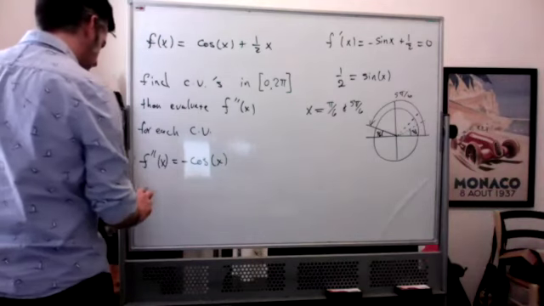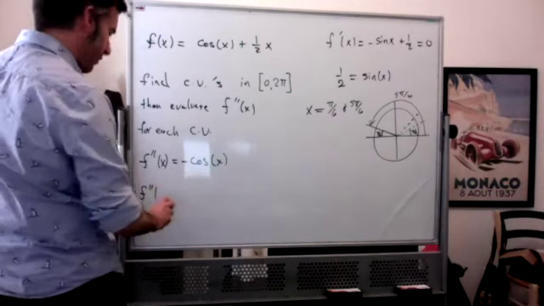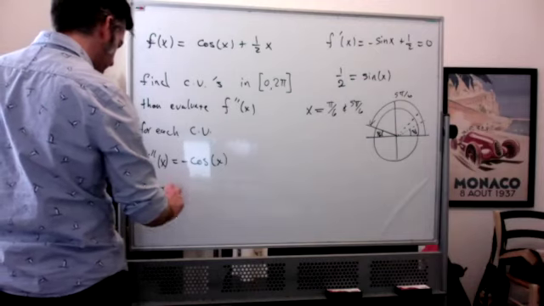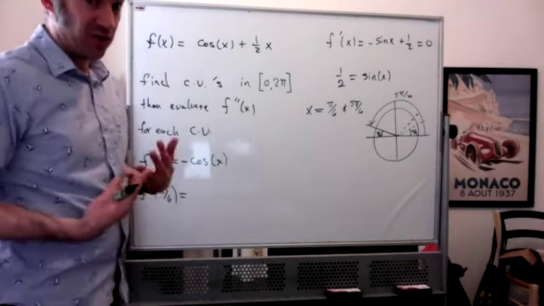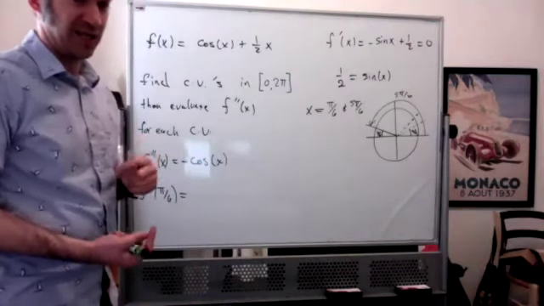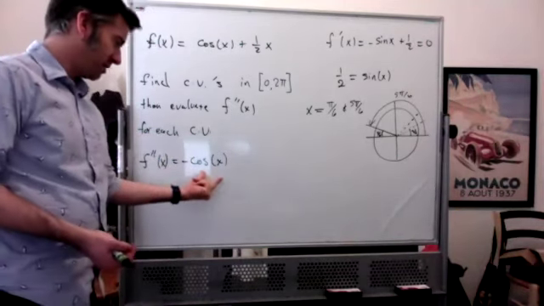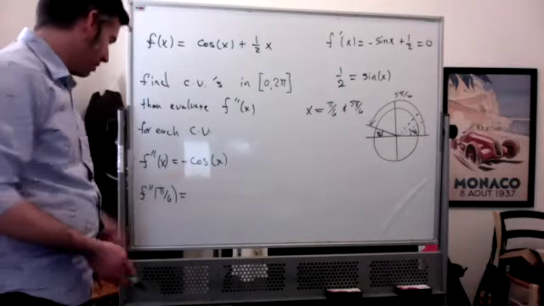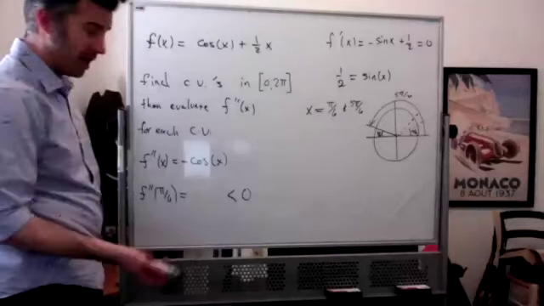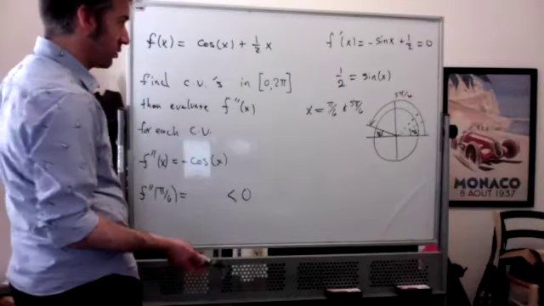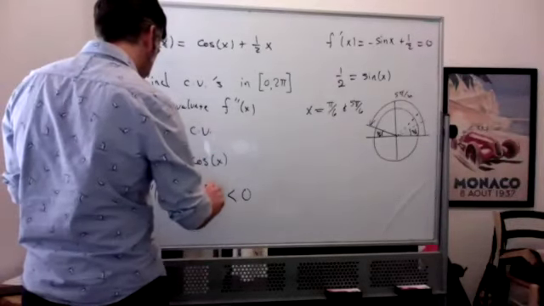Because check this out. F double prime of pi over 6. Even if you didn't know what cosine of pi over 6 is, we do know that pi over 6 is in quadrant 1 and cosine is positive there. So cosine is going to be positive, which means this thing's going to be negative. So whatever I get here, I know it's going to be negative. It's going to be negative cosine of pi over 6, which is going to be negative root 3 over 2.